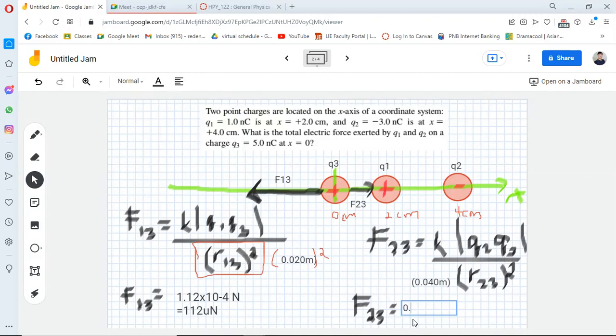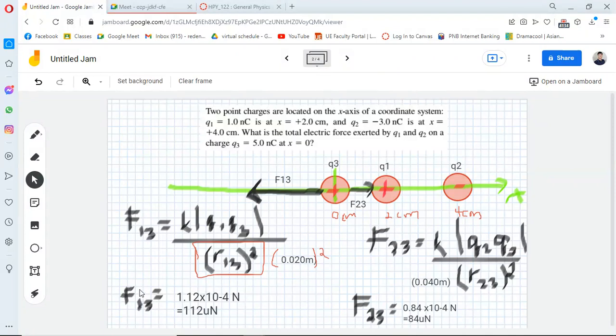Okay, so I think that is just 0.84 times 10 to the negative 4 Newton, or it is equivalent also to 84 micro Newton. Okay, so these are now the magnitudes of the individual forces F13 and F23.